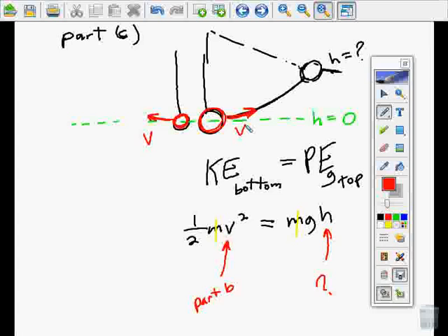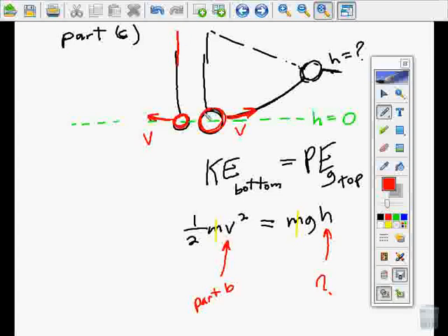And as they swing up, they slow down, and eventually come to a stop. And what's going on as they're rising up? It's converting to potential energy.